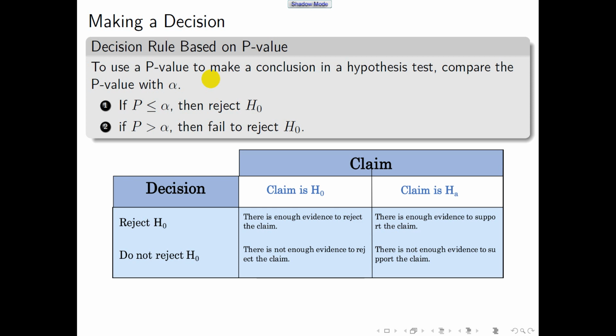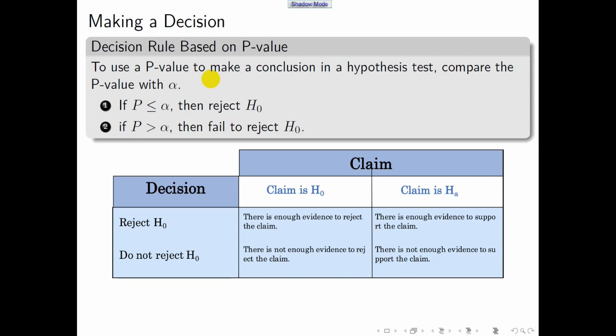Okay, so depending on whether we're rejecting or supporting the null hypothesis, we need to decide the conclusion about the claim. Let's assume we made a claim, we constructed the null hypothesis and alternative hypothesis for our claim, and in this case, our claim is the null hypothesis.